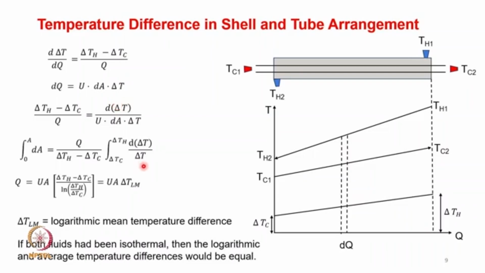Now you can see that the differential variables in this expression are only A and delta T. So we can integrate the area from 0 to A and integrate the temperature from delta Tc to delta Th. Again, simple integration. Isolating the variables to Q would result in U A times delta Th minus delta Tc divided by ln of delta Th by delta Tc.